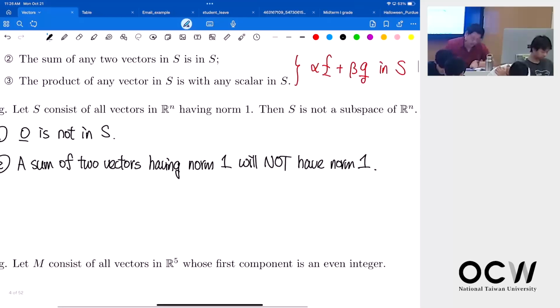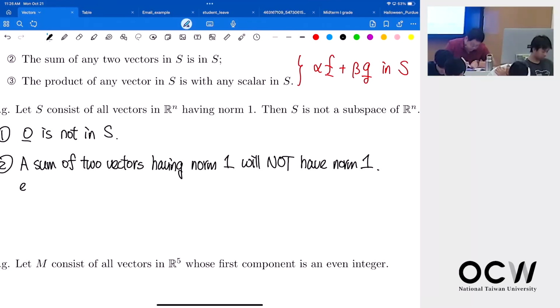For example, if I have a vector A that's 1, 0, 0, we have norm 1, right?